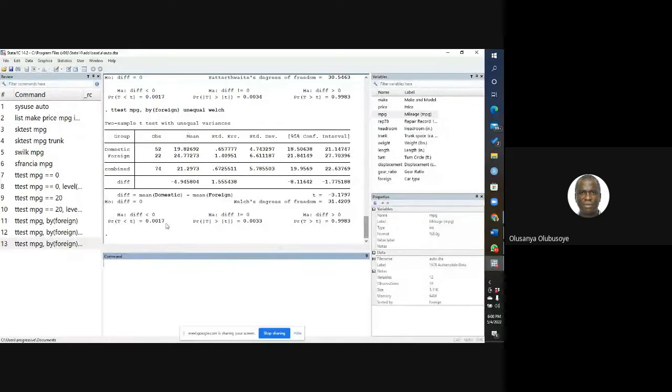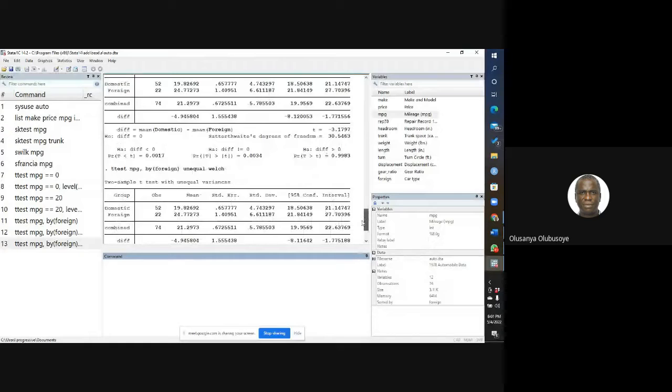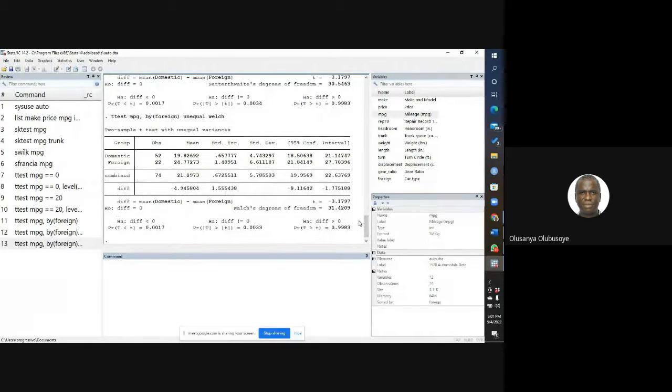So doing analysis this way makes your result robust, and it avoids the possibility of somebody telling you later, did you do this? Did you do that?